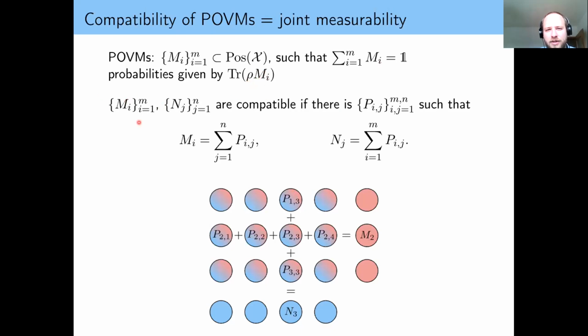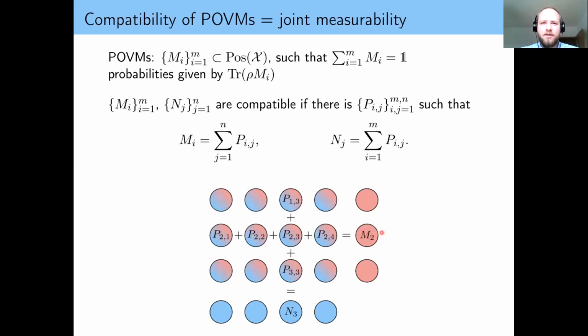If we take two POVMs, we say that they are compatible if there is a big POVM with two indices, such that you obtain the first two POVMs by summing over the indices. You can also see this in the picture. If the big POVM is represented by the rectangle, then if you sum along the columns, you get the second POVM, and if you sum along the rows, you get the first POVM.